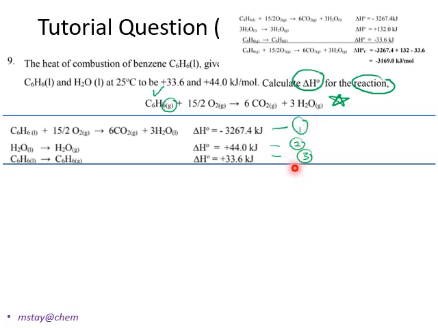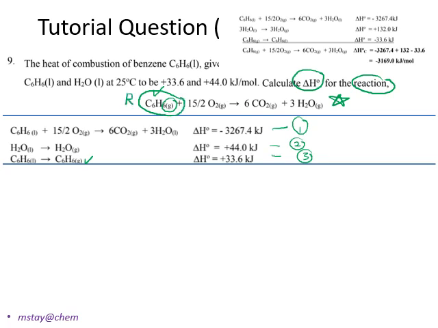It is very obvious that benzene in the gaseous phase is in the third thermochemical equation. In the reaction that we want to calculate, the benzene gas is the reactant.